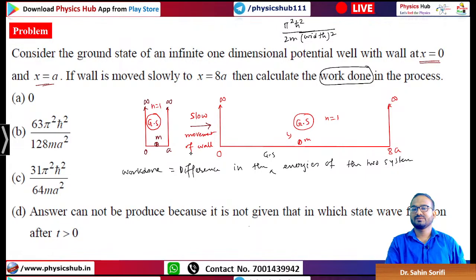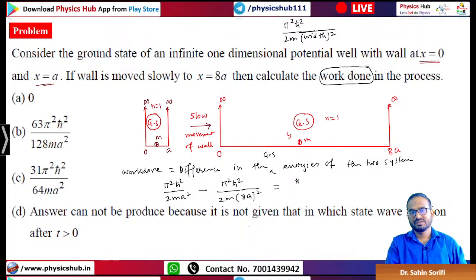Now the width has been made 8 times, so obviously this energy will be less. So which one will be more? This. So pi square h cut square by 2m a square, this is the energy, minus the energy of this particle here, pi square h cut square by 2m, width is 8, so 8a square.